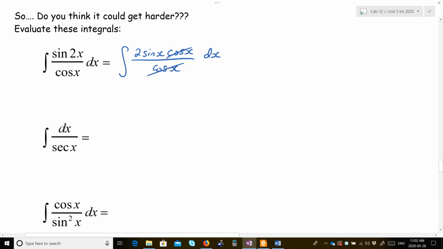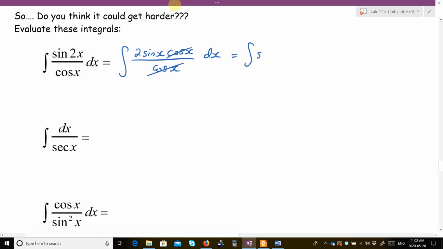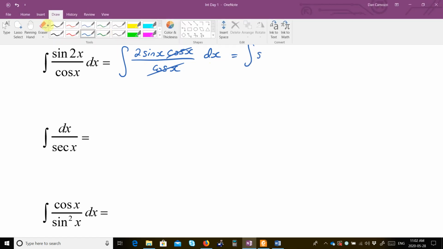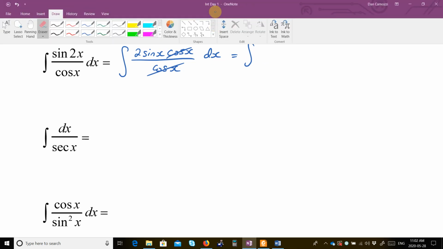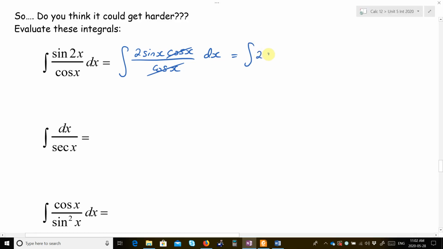And then the cos x's will cancel, and it's the integral of 2 sine x dx. And we have to say, all right, what function has a derivative of 2 sine x? Well, I think that would be negative 2 cos x plus c.